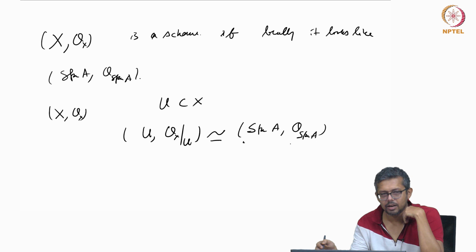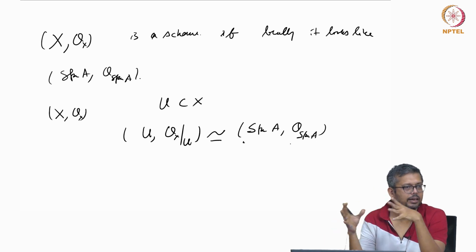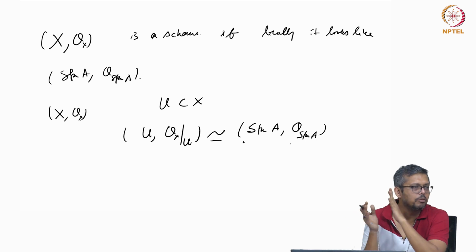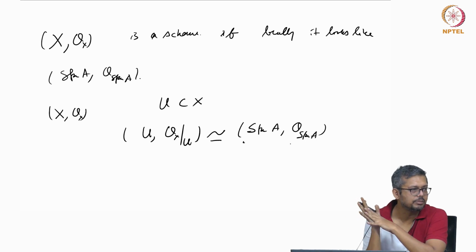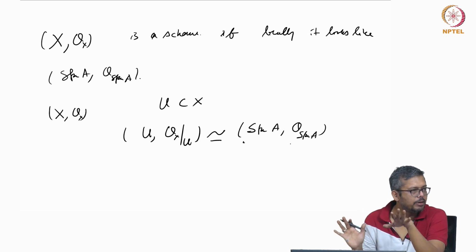So this is the model. It's very general, it's a spec of a ring in some sense. Locally it always looks like spec of a ring with the structure sheaf. So this is the most general definition of a scheme.